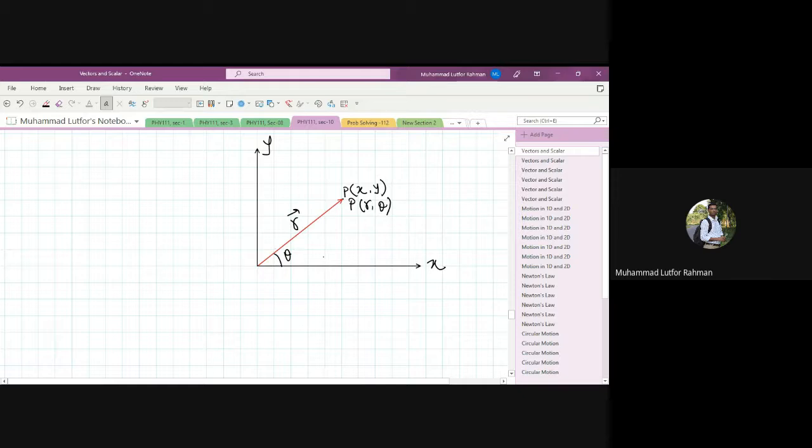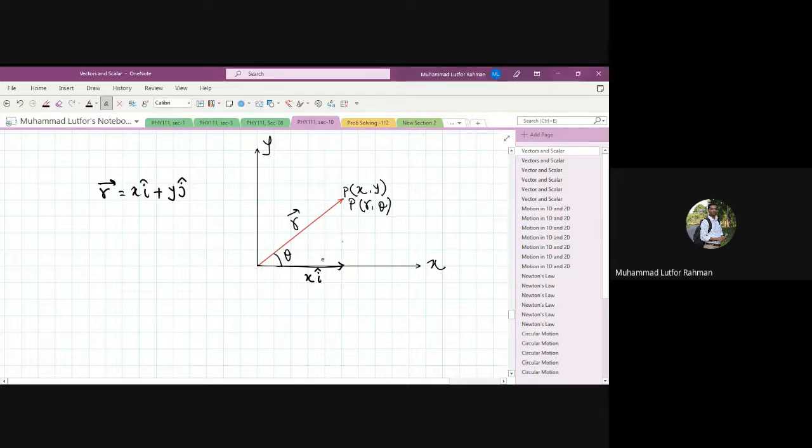And we can make a relation with r and theta because that r vector I can express as x i hat plus y j hat using the vector triangle law. If you want to locate that point, this would be your x i hat because this is the x length. If you multiply with the unit vector i, you will find that vector.